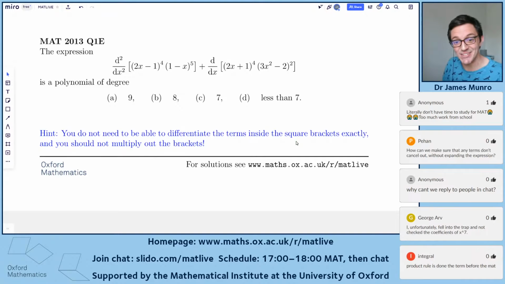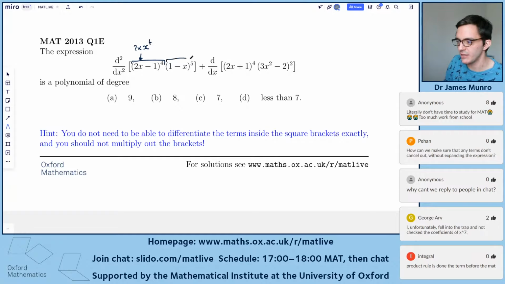I can see why people have selected the answers that they've selected. Because, as Flora was just saying, when you look at a polynomial like this, this term here in round brackets to the power of 4 is a bit like something times x to the power of 4.